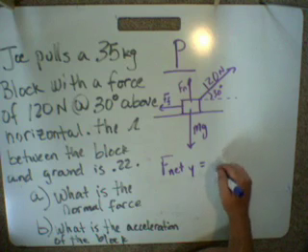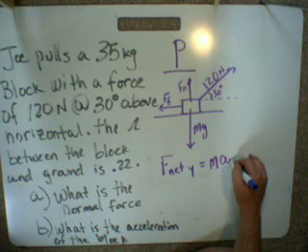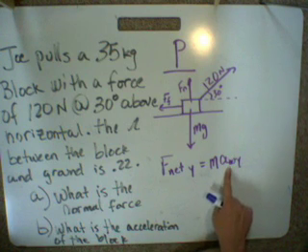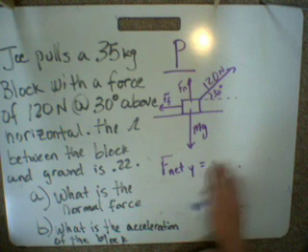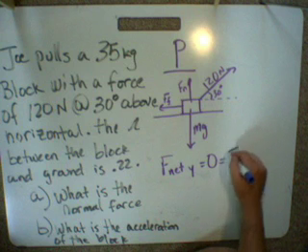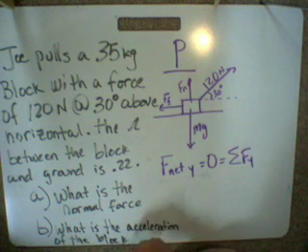And so if F net is equal to m times a net in the y, and if the net acceleration in the y direction is 0, that means that F net in the y is 0. Because of that, the sum of all the forces in the y direction is also going to be 0.